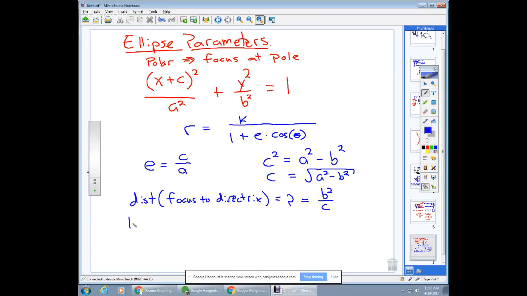Then we have the latus rectum. And the latus rectum, remember, is the distance cutting through a focus. That's usually referred to as L. In the equation up here, I'm referring to it as k, but in most books, you'll see it as an L. And L is equal to b squared over a.